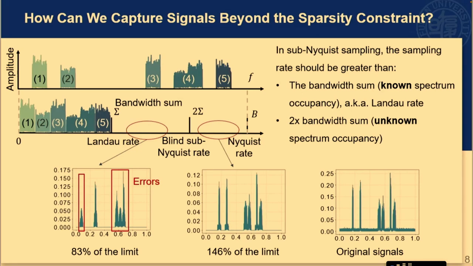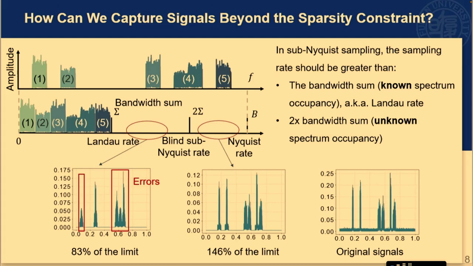So how can SignalsForTerrestrial capture signals beyond the sparsity constraint of compressed sensing or sparse Fourier transform? SignalsForTerrestrial changes the traditional sampling limit by rethinking how we recover signals.